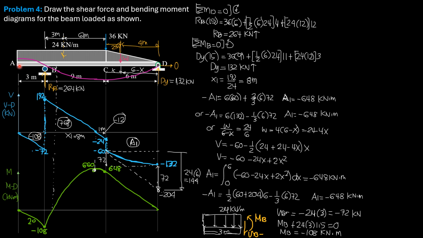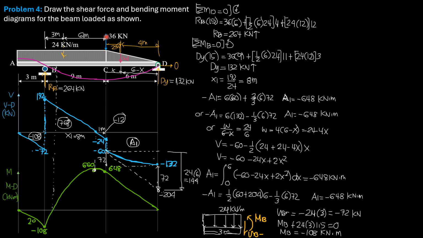Then shear at B just to the left, then B just to the right because there is this concentrated load 264. Negative 72 plus 264 is 192. Then 192 minus the area of this loading up to C, 192 minus 24 times 9 will get negative 24.